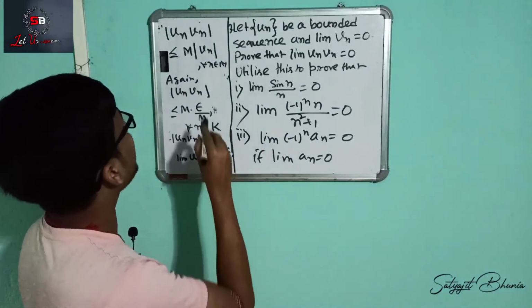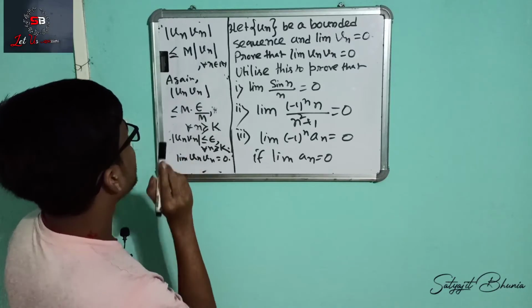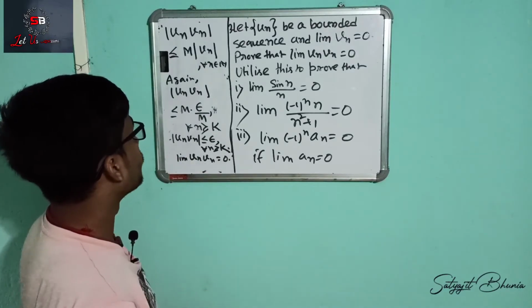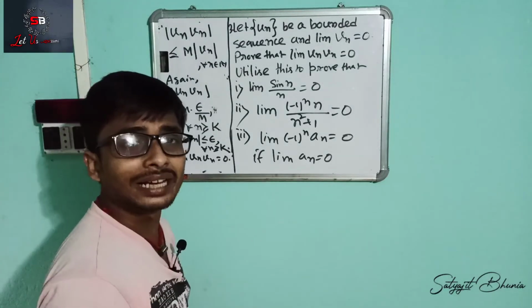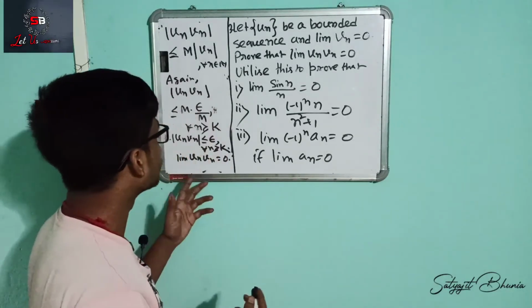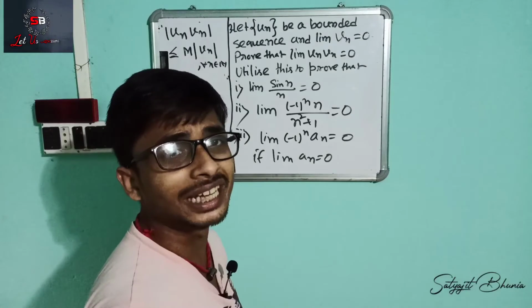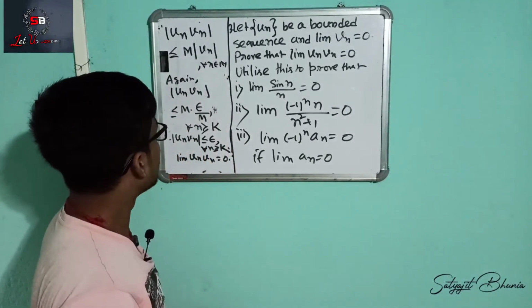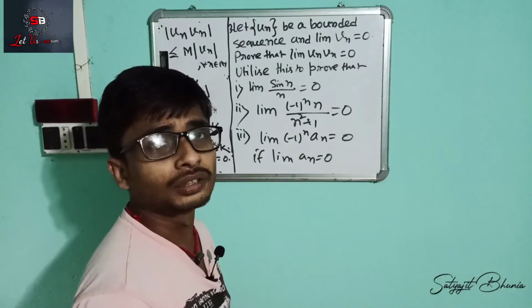Using these two results we can see that mod of un vn is less than epsilon for all n greater than or equal to k, and again from the definition of the limit of a sequence we can say limit un vn is equal to 0.